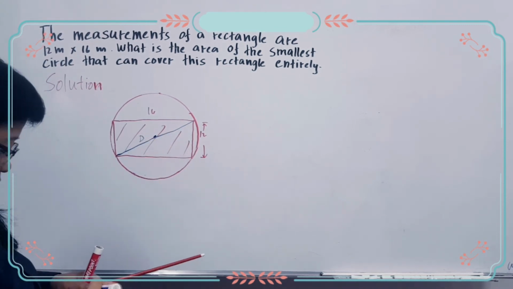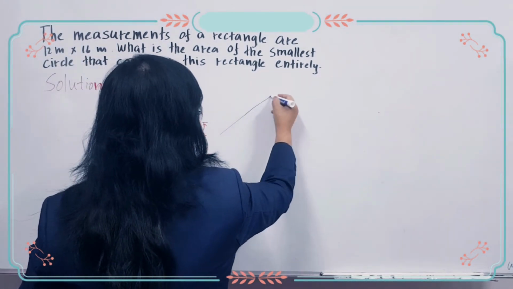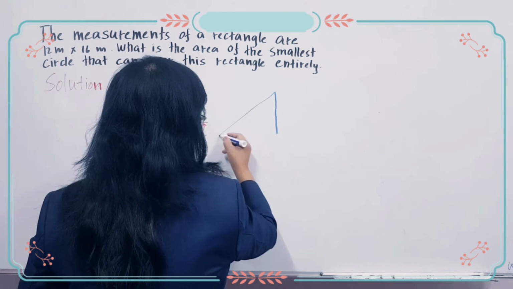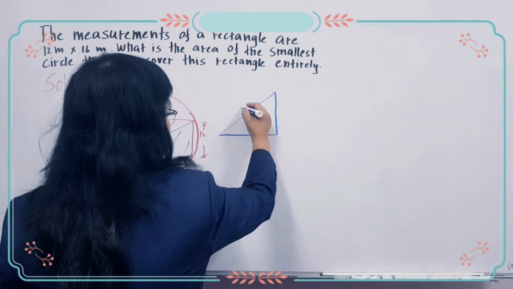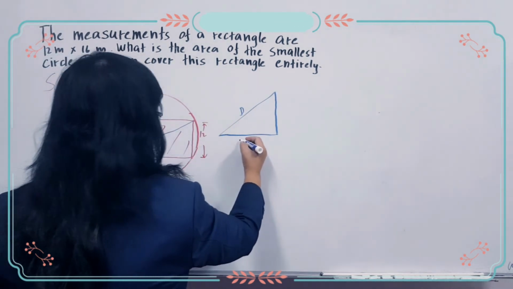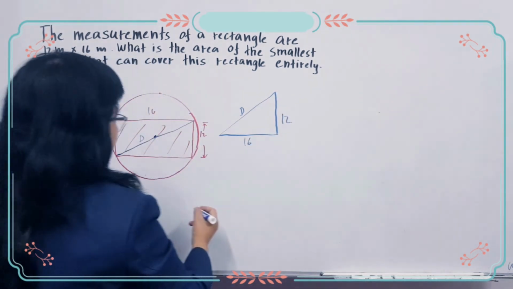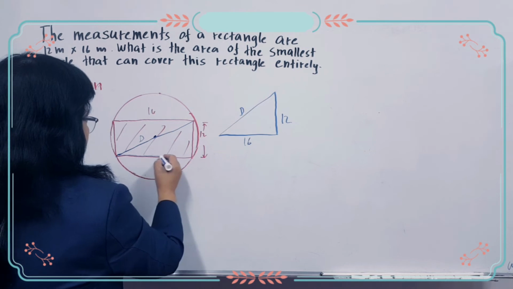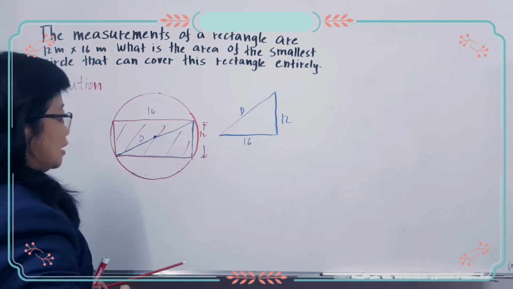Therefore, if we take out the triangle here, this becomes D, this is 16, and this is 12. This right triangle here, we take it out.